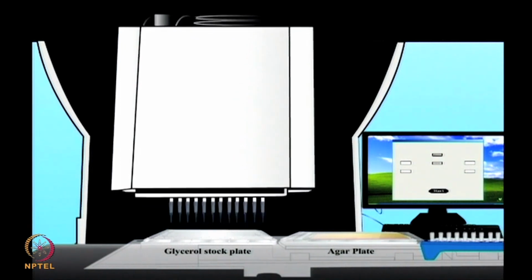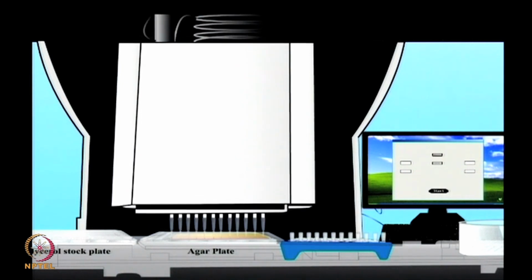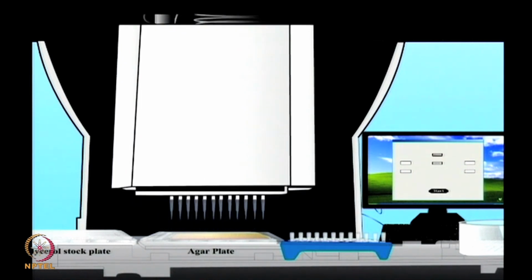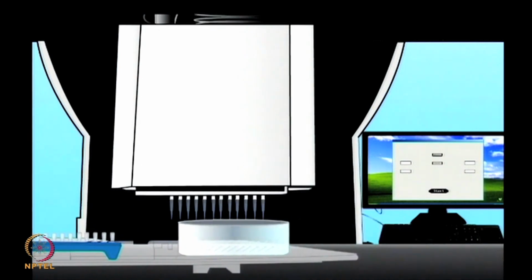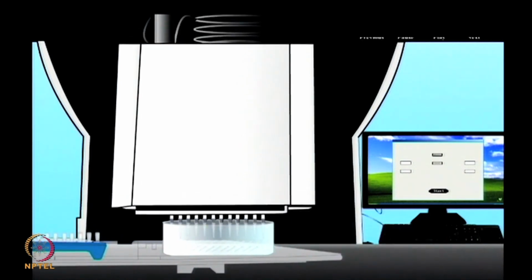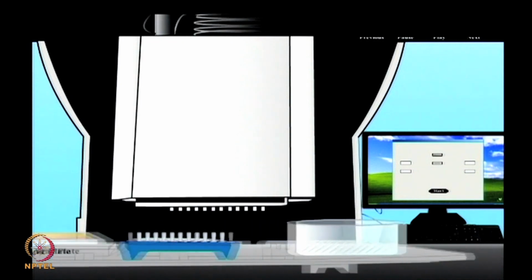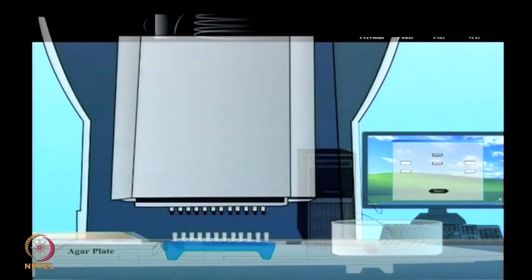You can do that either using multi-channel pipettes or using liquid handling systems. It is preferred to do this in 96 well plate format, so that you can avoid any mislabeling of the samples.